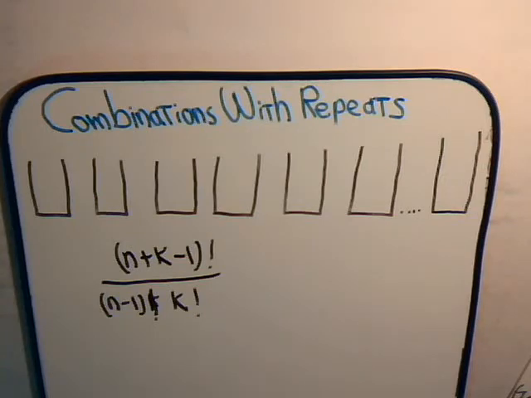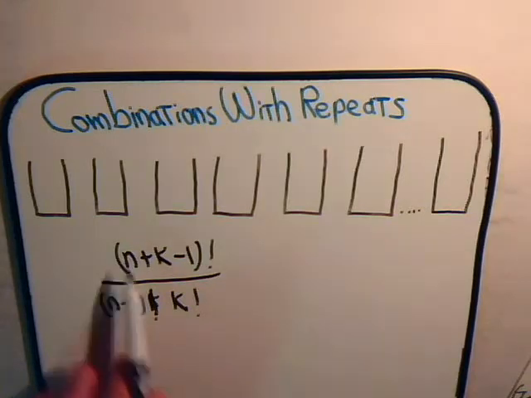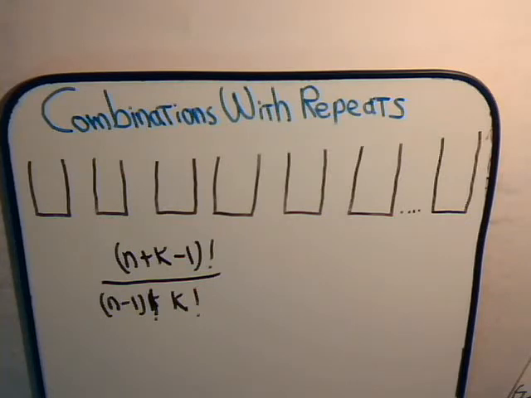In general, N denotes the number of objects that we have to choose from, and K is the number of selections that we're going to make. So in the past problem, we had 6 crates filled with candy, or 6 flavors to choose from, and we could make 10 selections, so K corresponded to the number 10.